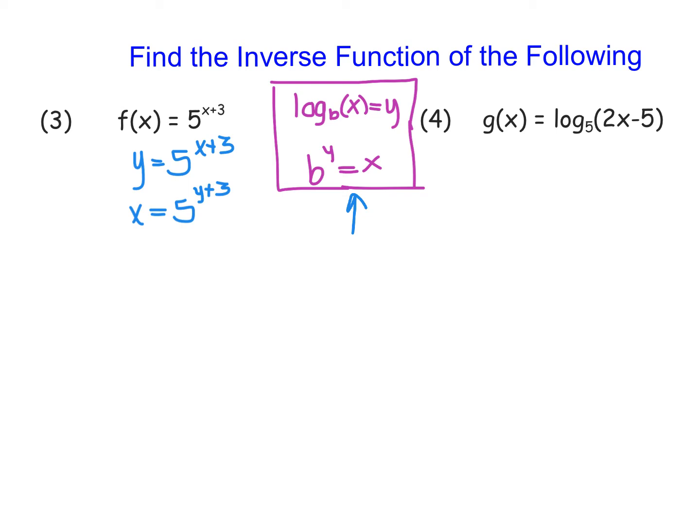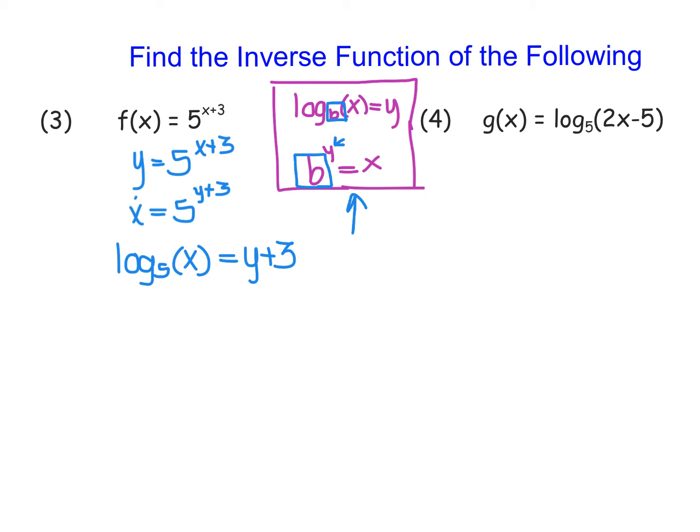So we know that our exponential has a base of 5, which tells us that our logarithm is going to have a base of 5. Then from here, whatever it's equal to, which in this case is x, is going to be what's inside of the log. So here we have log of base 5 with x on the inside is equal to what was in the exponent, which is y plus 3.